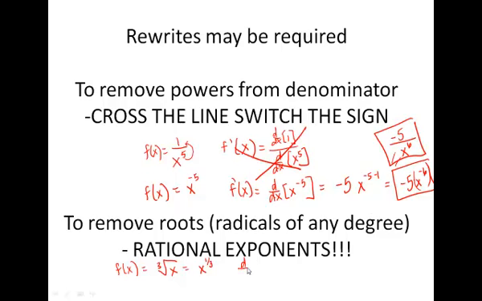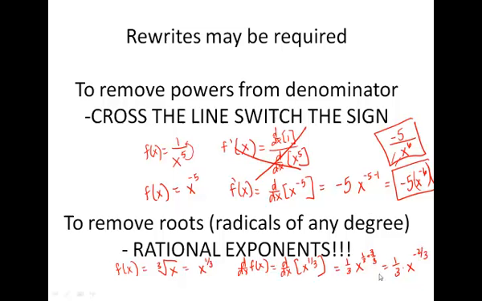If I wanted to find the derivative with respect to x of this function, I can use the power rule. So 1/3 comes down, and you might have to do a little bit of fraction work here. I need a common denominator, and I'm going to subtract these. What I'm going to get is 1/3 times x to the -2/3.